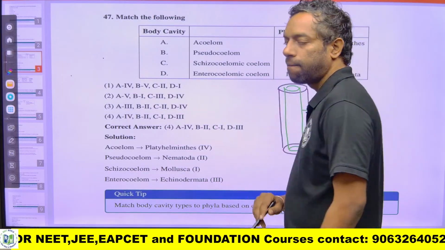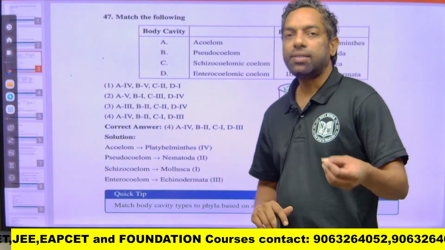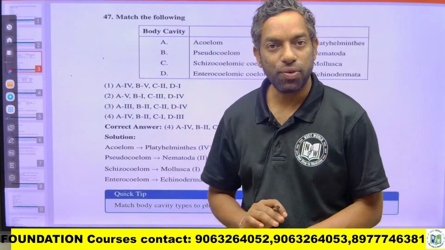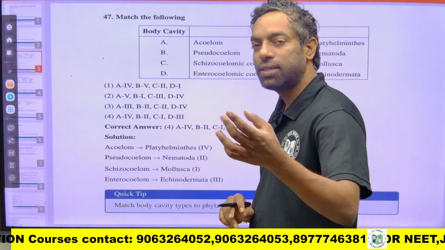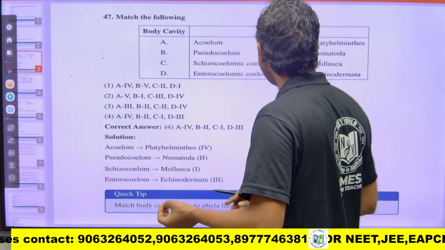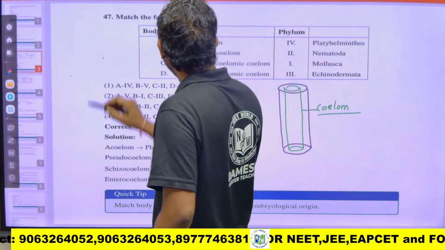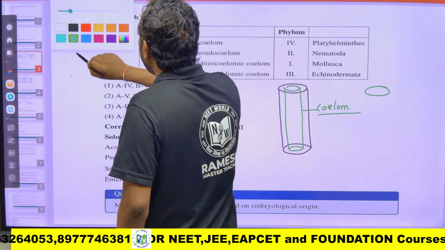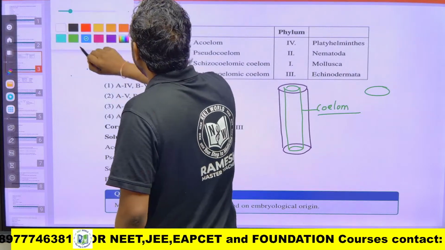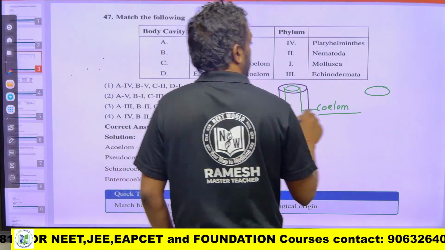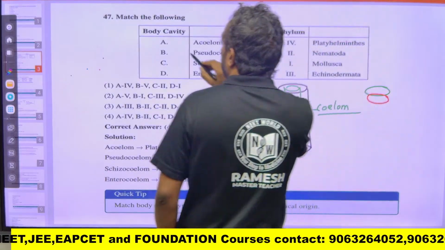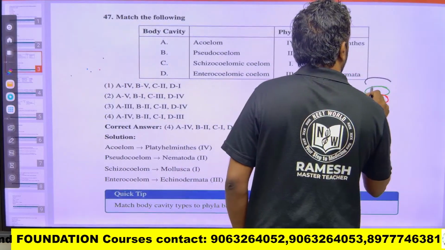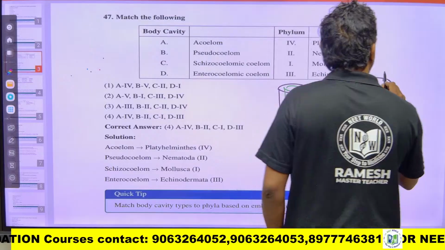Coelom actually originates from the mesoderm. Mesoderm is the germ layer which is produced in embryonic development. Okay, there are 3 germ layers in any tissue. Okay, this is ectoderm.